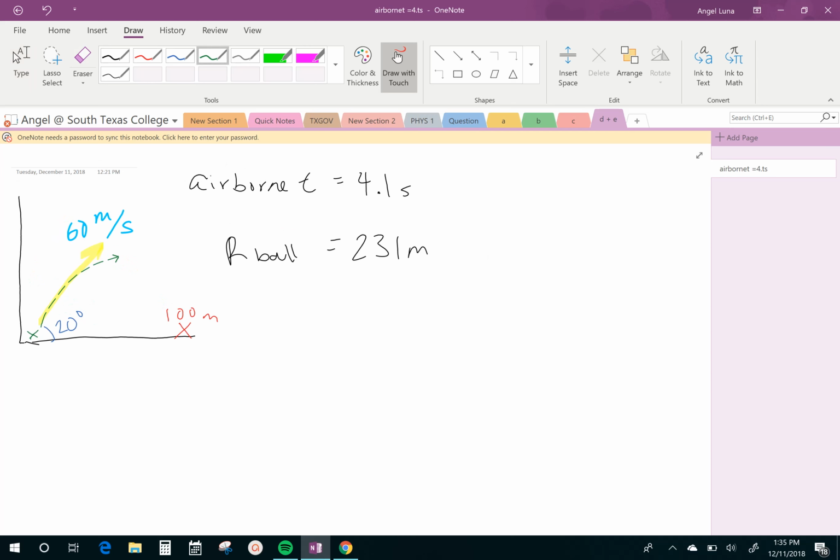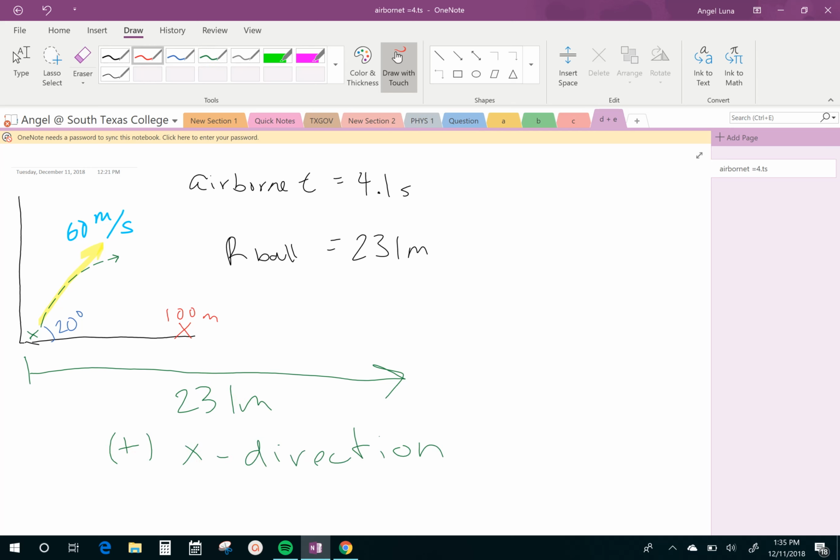So we know now that the ball is actually going to travel 231 meters in a positive x direction, and it will land at 4.1 seconds.